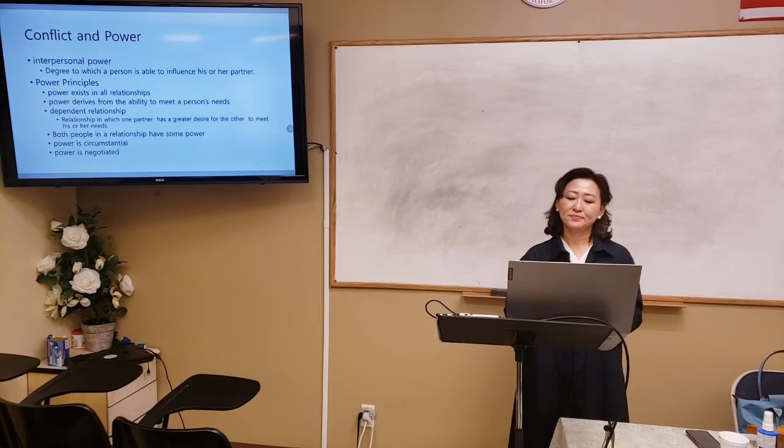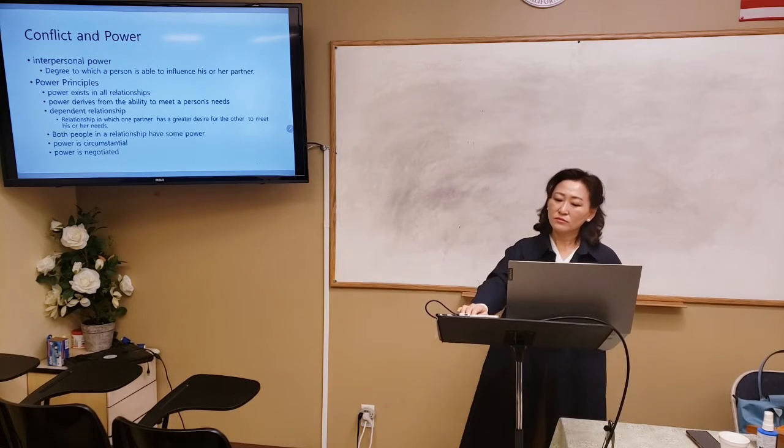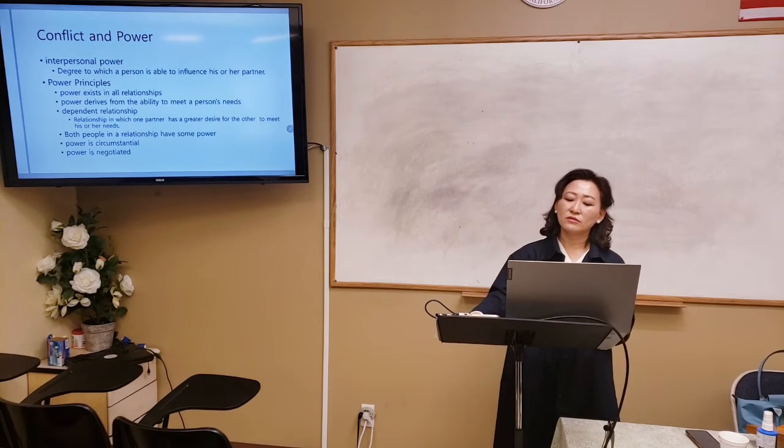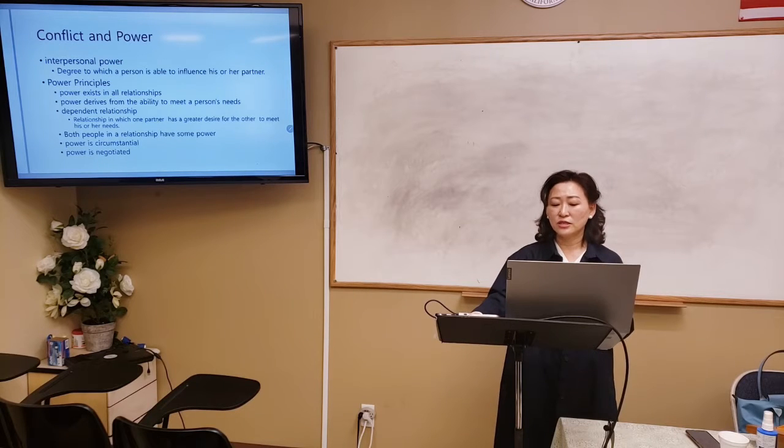One study of heterosexual romantic couples found that the partner with less emotional involvement in the relationship has more power, and this was generally the man. The more we depend on one person to satisfy our needs, the more power that person has over us.